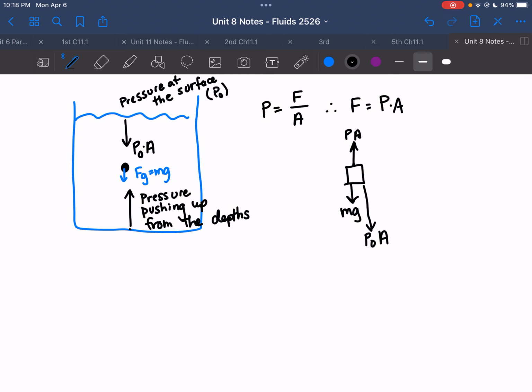If this object is at rest, it's floating at this location, what that tells us is that the net force is equal to 0. If the net force is equal to 0, we can actually plug in a couple of different things here. Because I know that the net force is going to say that all the upwards forces have to balance with the downwards forces.